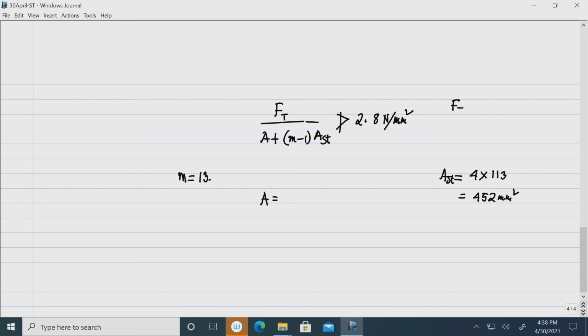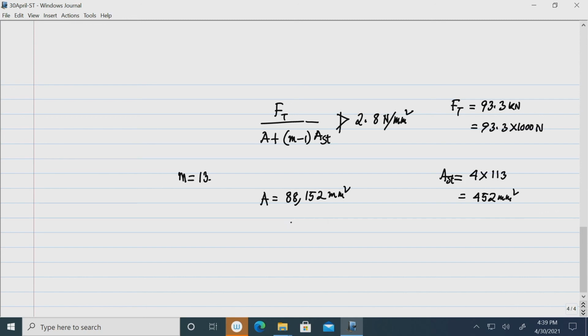Ft was found out as 93.3 kilonewton, that means 93.3 into 1000 Newton. So, A is found out as 88,152 millimeter square from this equation, the minimum A required.